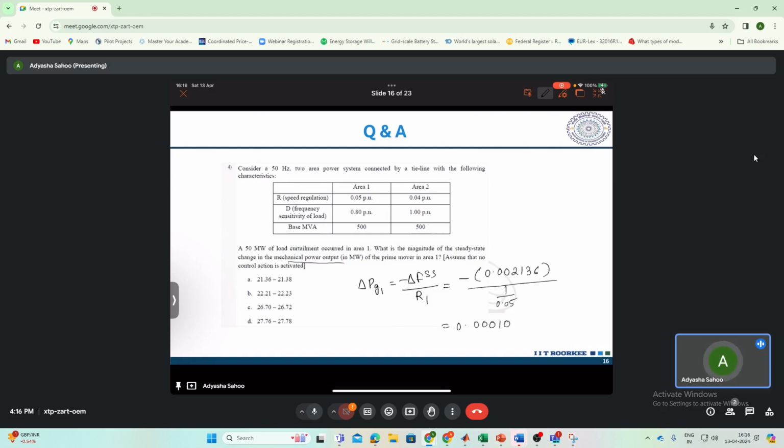Just a second, 0.002136 into 0.05. Yes, so I am getting this 0.006 per unit.